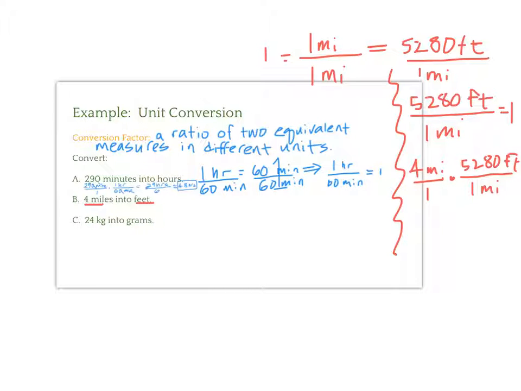Because 5,280 feet over 1 mile is the same as 1, it doesn't change anything. But notice, because mile is in both the numerator and denominator, it cancels off.